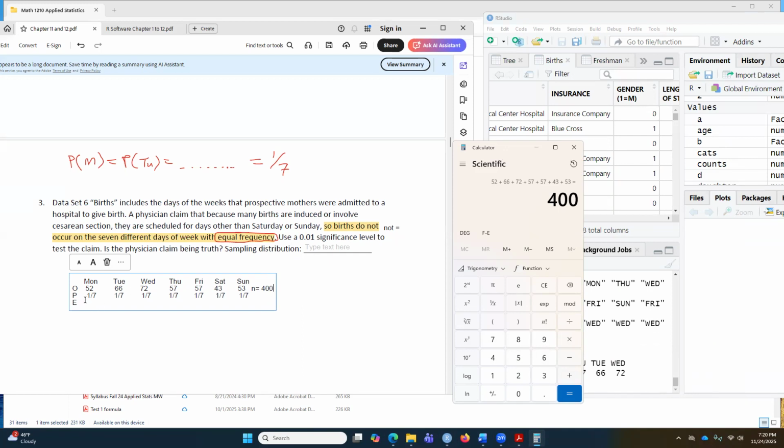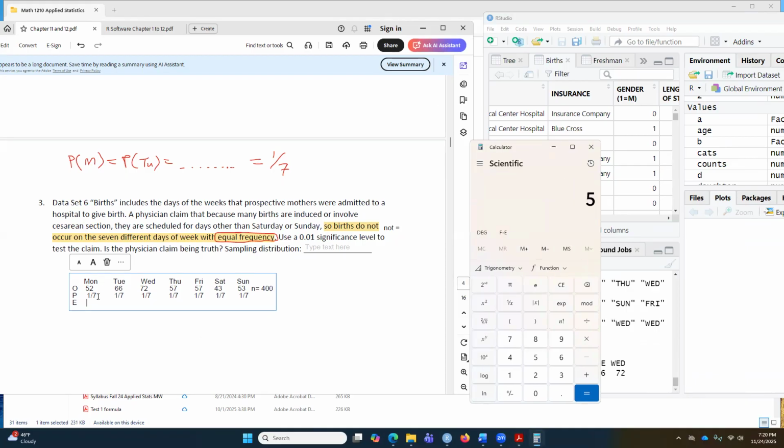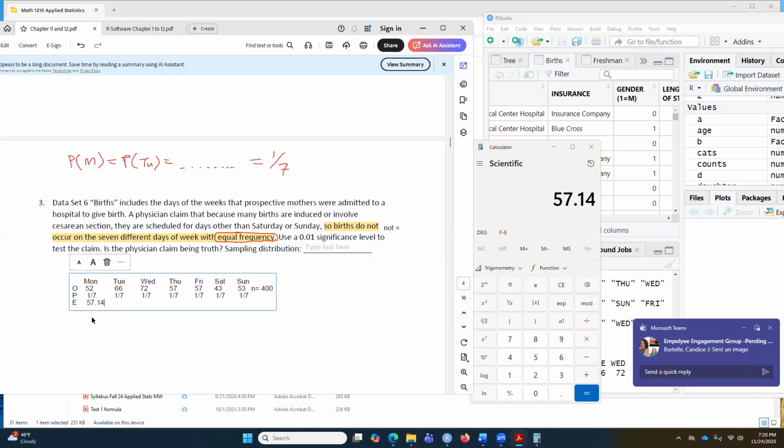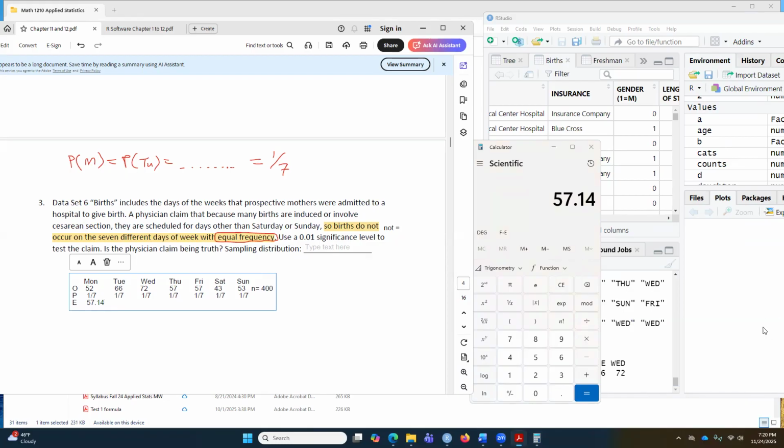So to find the Monday one, you take 400, which is N, times 1 divided by 7. It is around 57.14. Okay, so this expected frequency will be 57.14. And the good thing is, if they are having an equal frequency, that means the expected value is also the same.